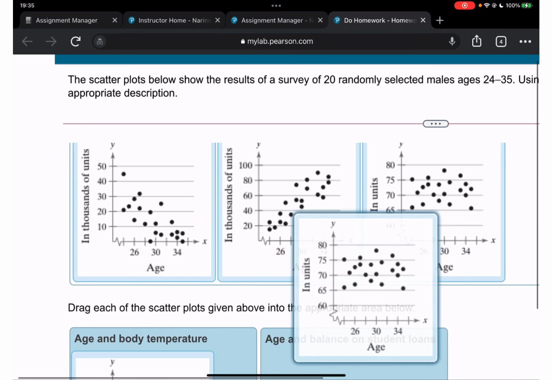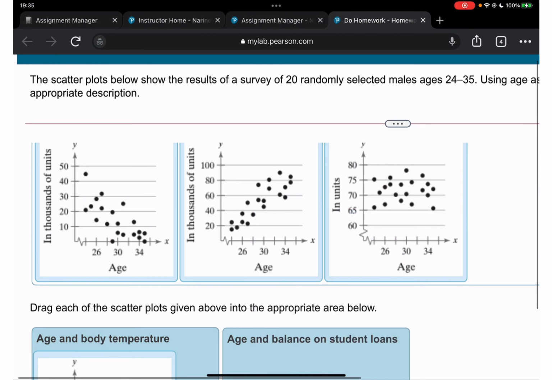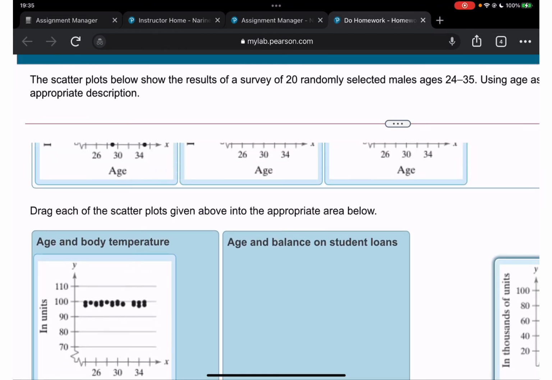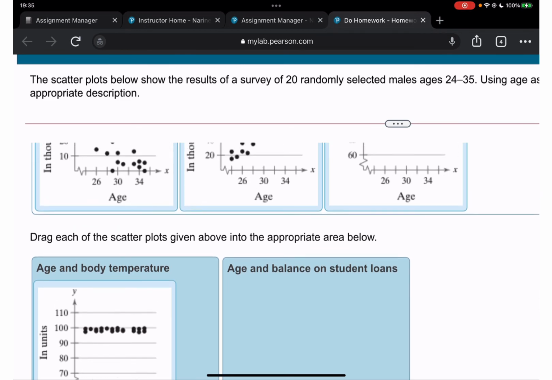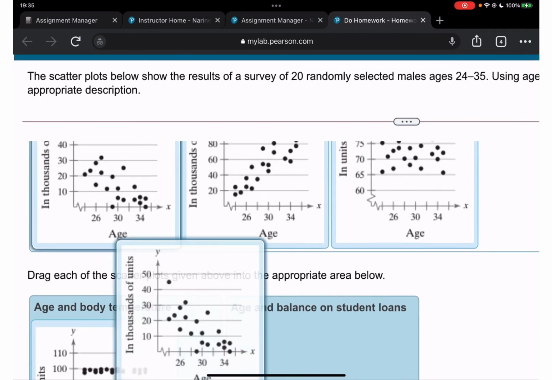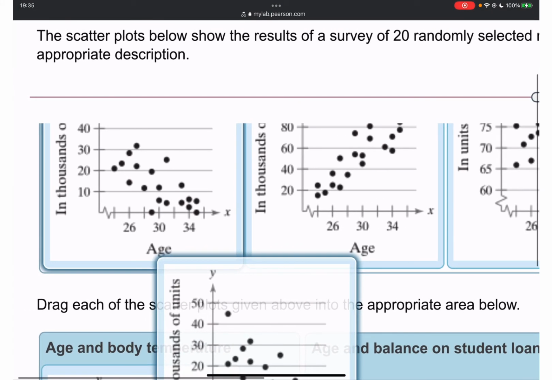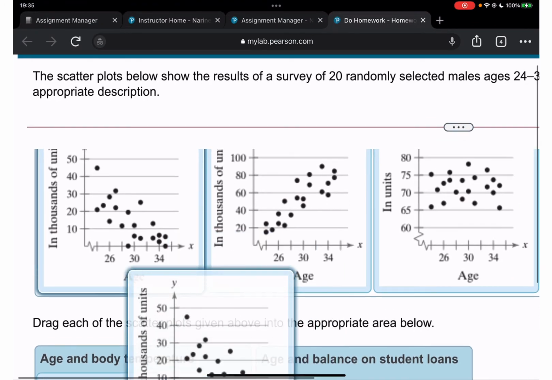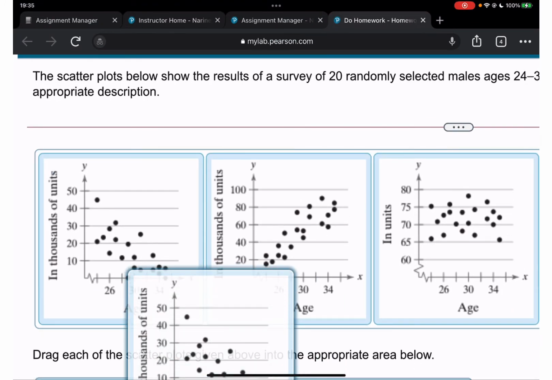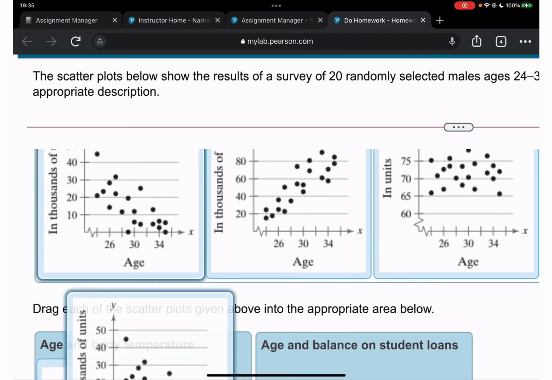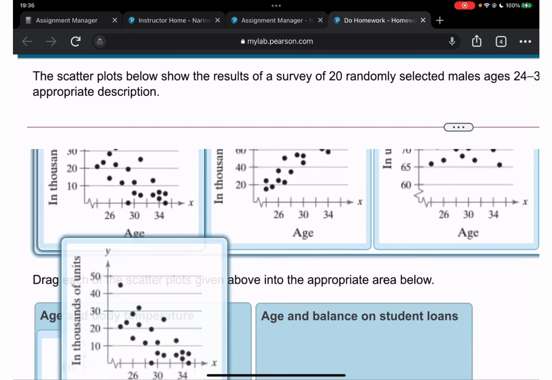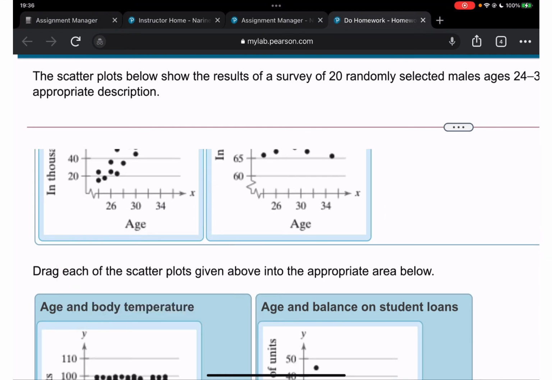I see here only 3, unless one I brought already here, that's true. So age and balance on student loan. The higher your age is, it's going to be this graph, a strong negative correlation, because the higher your age is, the lesser amount of loan you can get. There we go. This one looks like it's working.